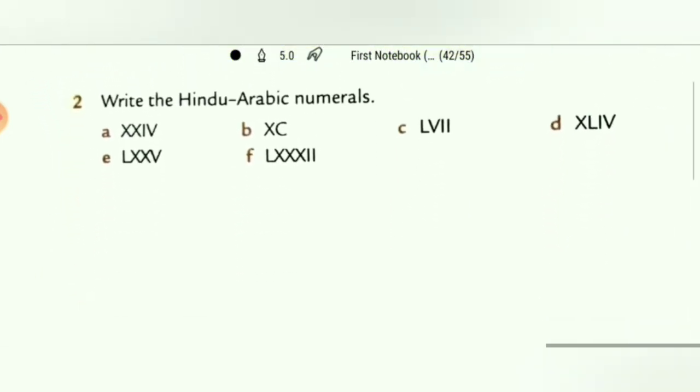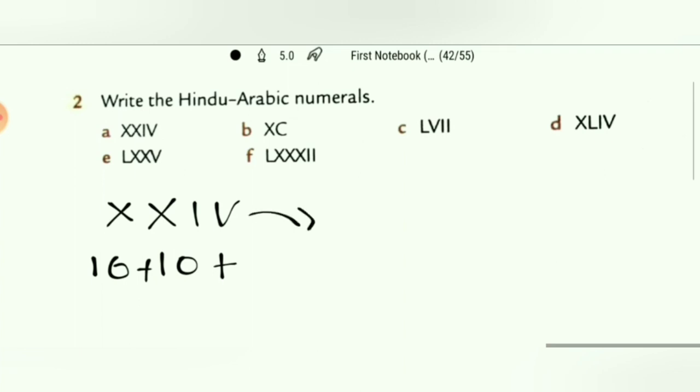Next question. Number 2. Write the Hindu Arabic numerals. See, XXIV. X means 10. This is also 10. And this is 5 minus 1. Why 5 minus 1? Because it started from a smaller number.